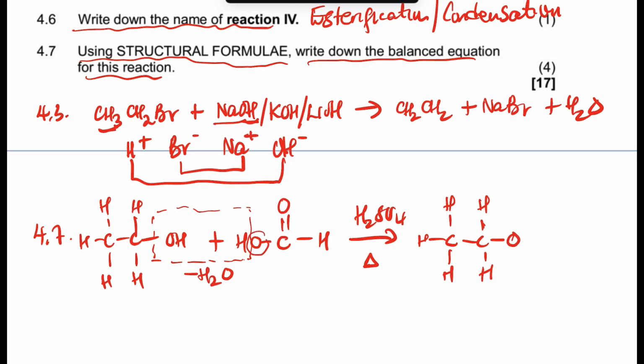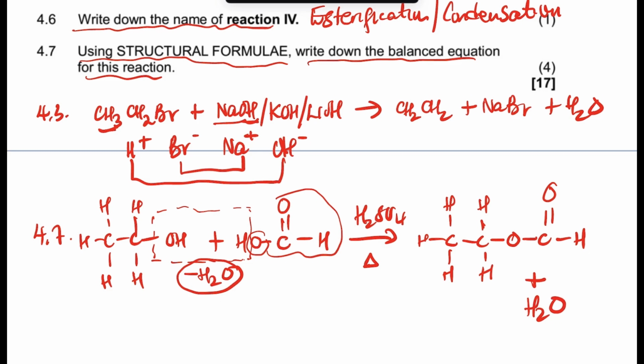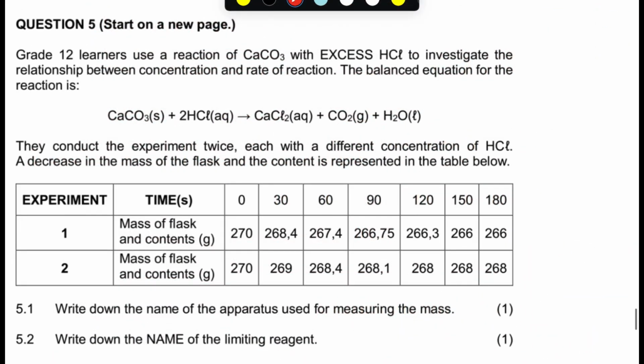This is going to be that oxygen, and then it's going to be this part, the carbonyl with the hydrogen. So it's like that. But one thing that you must not forget is this water that is removed. It's the byproduct there. Guys, I hope this makes sense.